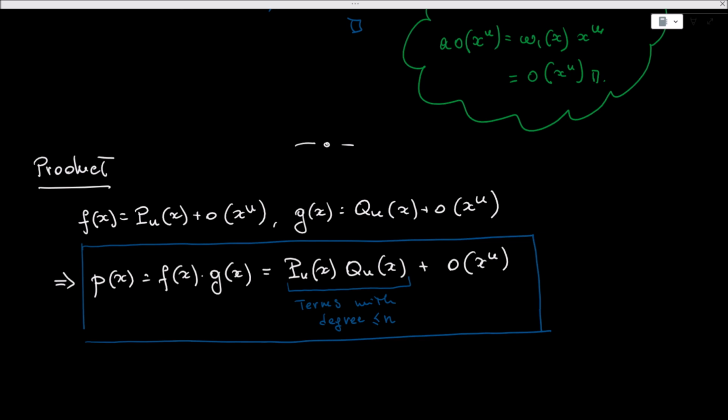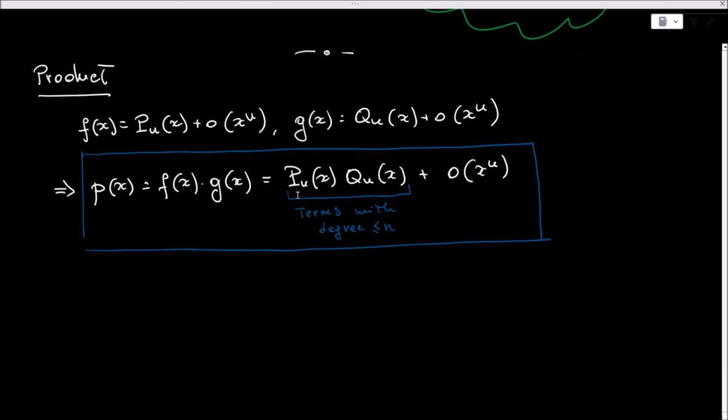So basically in this formula we need to specify that what is left in the product of the two polynomials are only terms up to the degree n. All the other terms are basically eaten by the little o of x to the n.